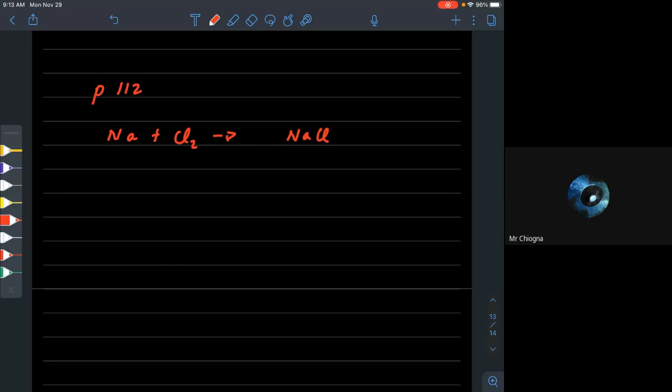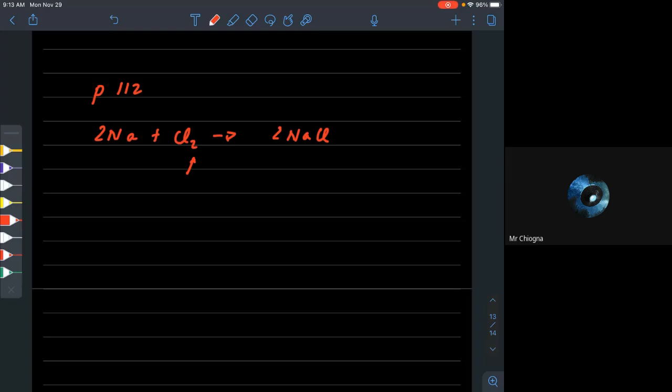Okay, now balancing this one is pretty easy. Chlorine's got the 2, so you've got to balance the chlorine. You're balanced. Now, as far as categorizing, that's what we're supposed to be focusing on.